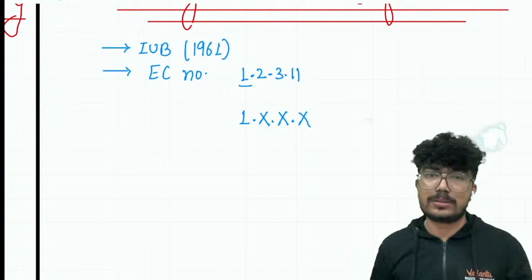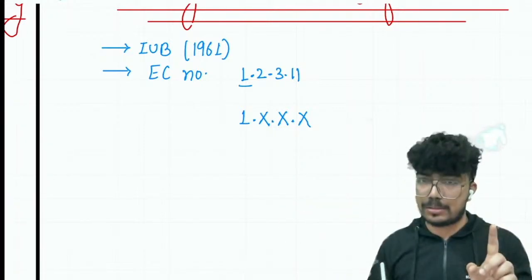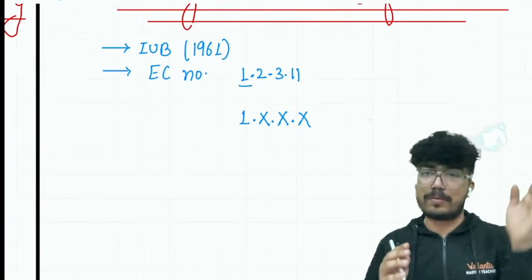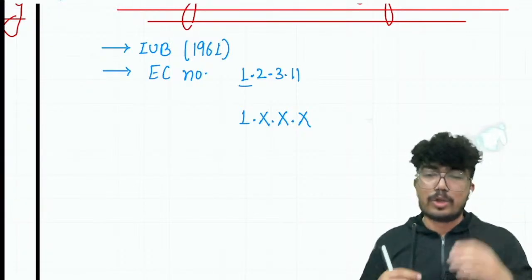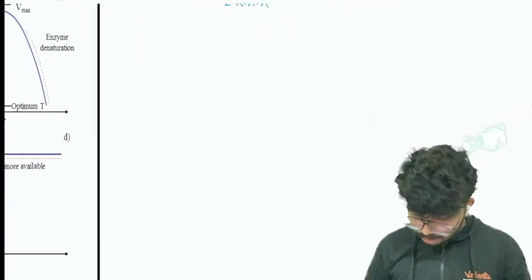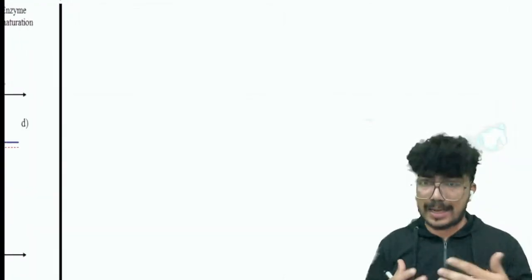Now we are not concerned about the subclasses, right? We are more interested in the very first digit, which will represent the major class of the enzyme. Okay, so there are 7 major classes for the enzyme. I'll write about it, and also I will tell you what the classes tell us.